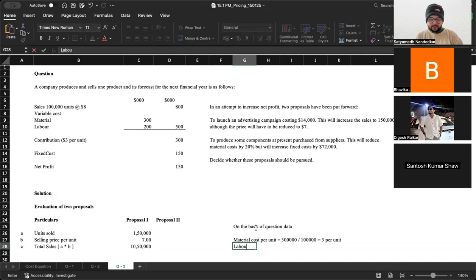And labor cost per unit is 2 lakh upon 1 lakh, that is 2 per unit.